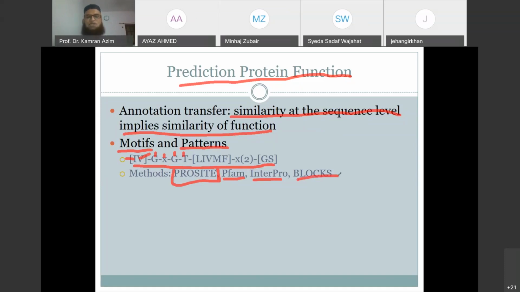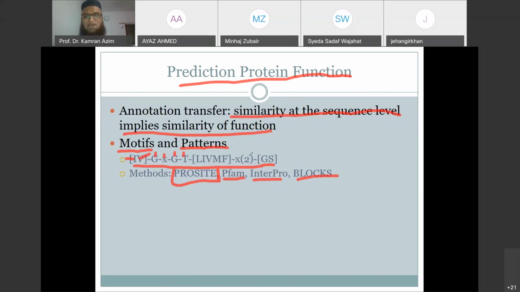These are the computer approaches or tools by which you can find out motifs and patterns in protein sequences. Like this one, you see I-V-G-x-G-T-[LIV]-[MF]-2x-G-S.